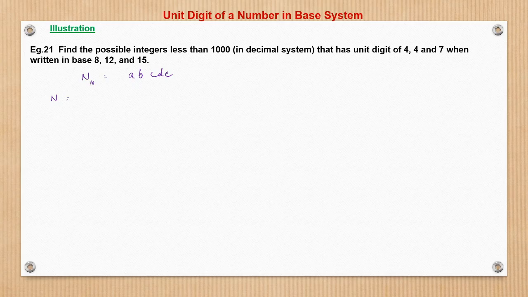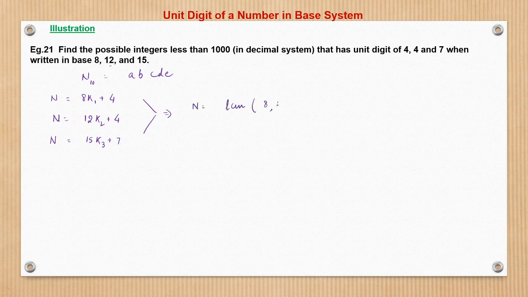It means n can be written as 8k1 + 4. Similarly n in base 12 gives a remainder of 4, meaning n divided by 12 gives remainder 4. Similarly n in base 15 gives a remainder of 7, possible only when n is of the form 15k3 + 7, right?